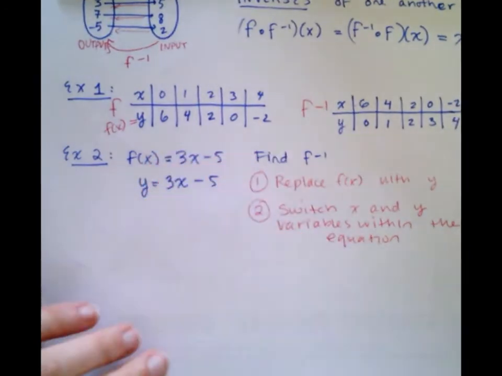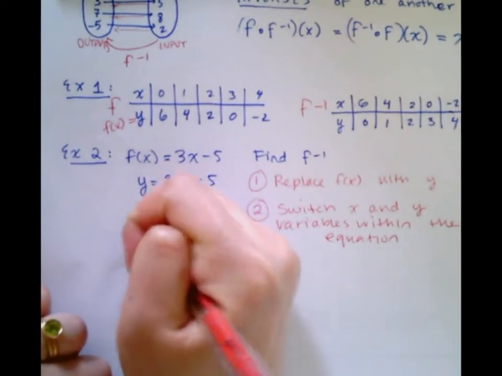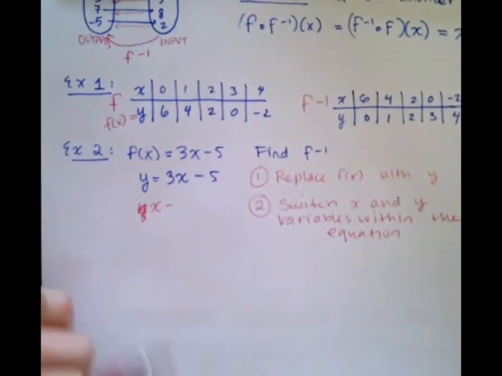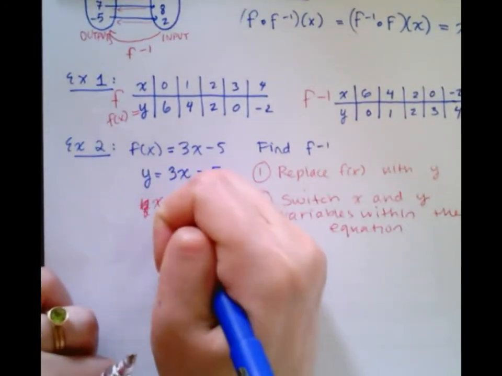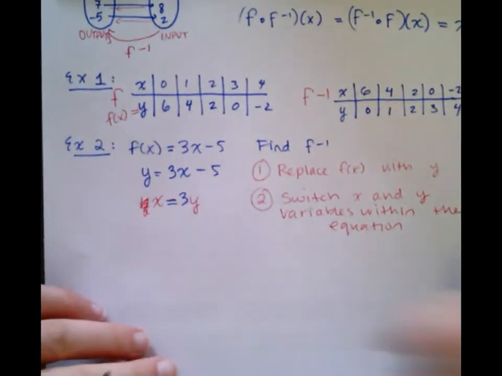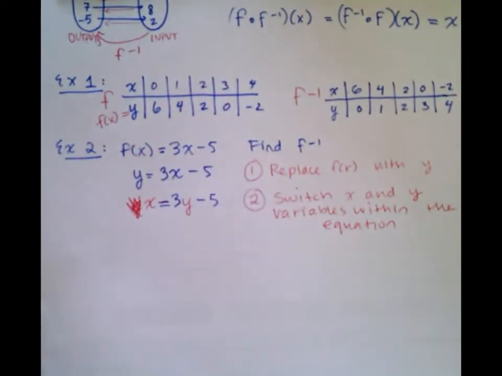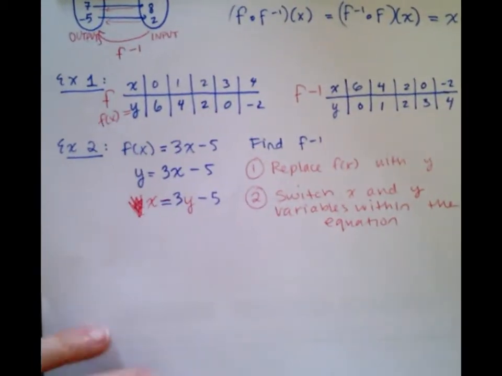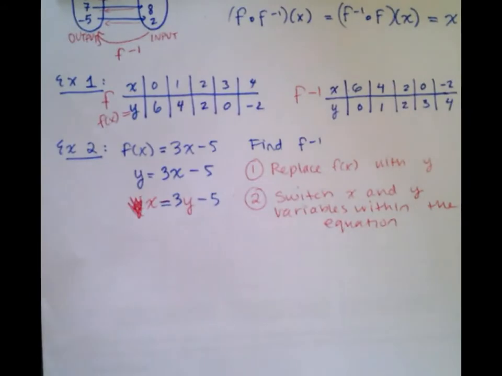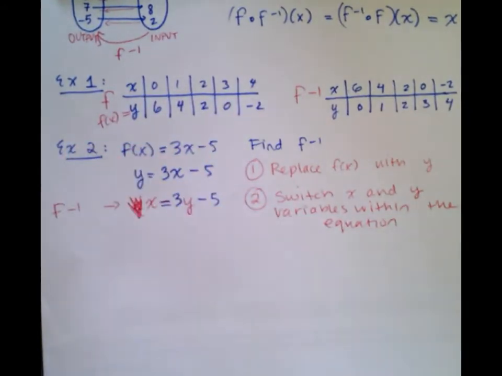That means this y becomes an x. The 3 stays the same, but that x becomes a y, minus 5. So ignore my little scratch out up front. Okay, so now that I've switched them, this is now f inverse, okay?